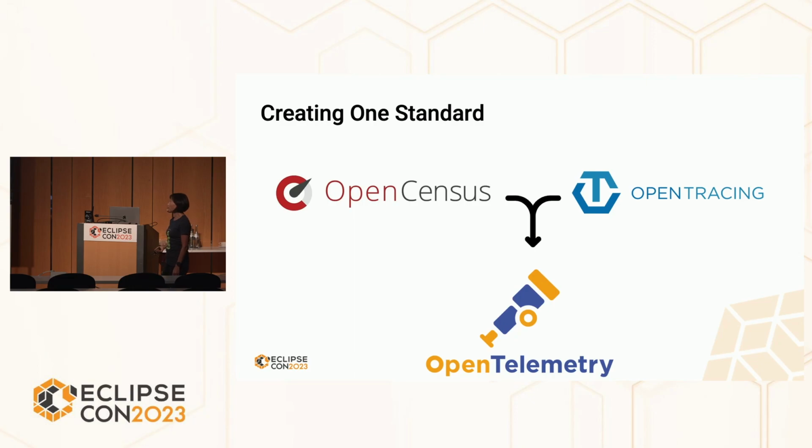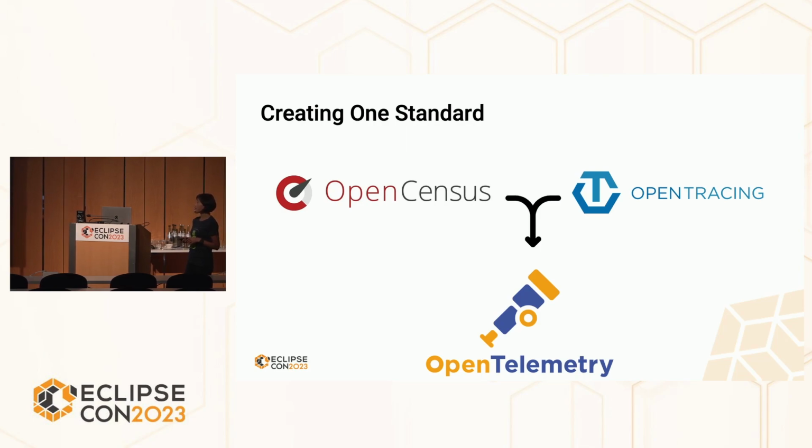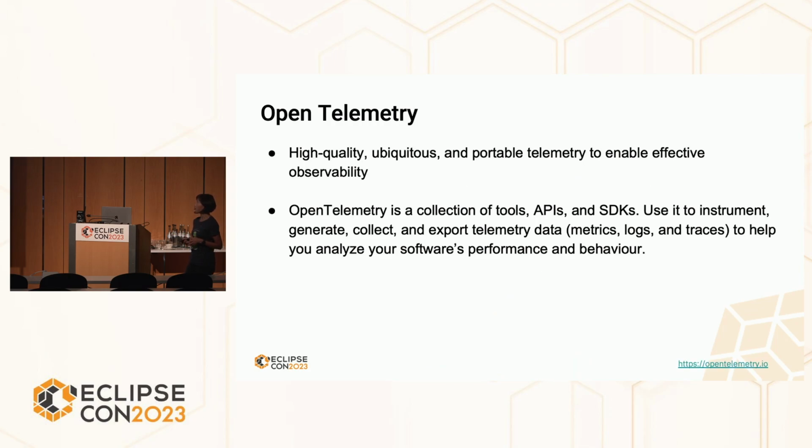It's the merge of OpenSensus and OpenTracing, which became OpenTelemetry. It is the overall standard for multiple languages, producing portable telemetry to enable effective observability. It has APIs, SDKs, and collection tools, and enables metrics, logs, and tracing. Basically all of the observability is provided by OpenTelemetry.